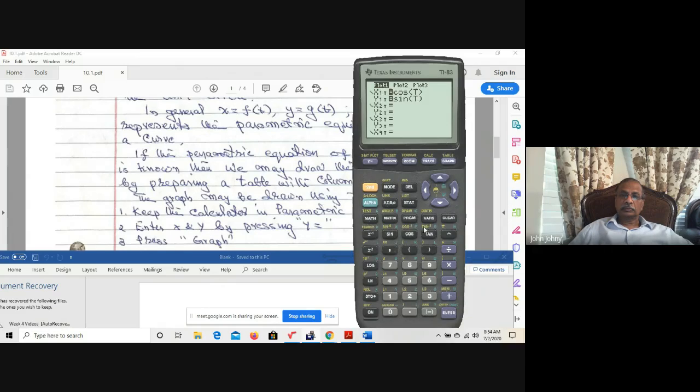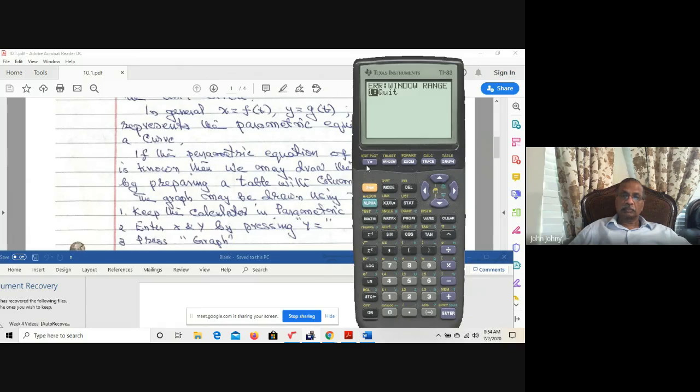We have to change the window. From 0 to 2 pi is okay, but for x and y let us use x minimum -2, x maximum 2, x scale 1, y minimum -2, y maximum 2, and y scale 1, and you graph it.